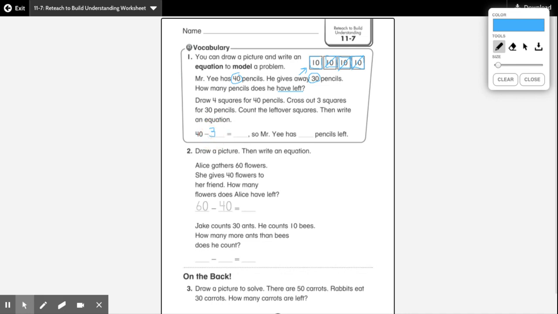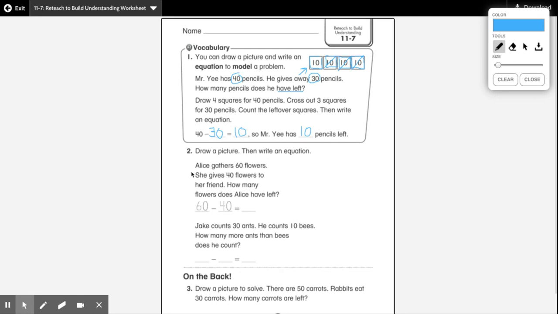So 40 minus 30 equals 10, because that's what was left over when I took away the 30 pencils. So Mr. Yi has 10 pencils left. Okay, did you see how it was easier to solve the problem by drawing a model? Much easier. Okay, let's take a look at the next problem.